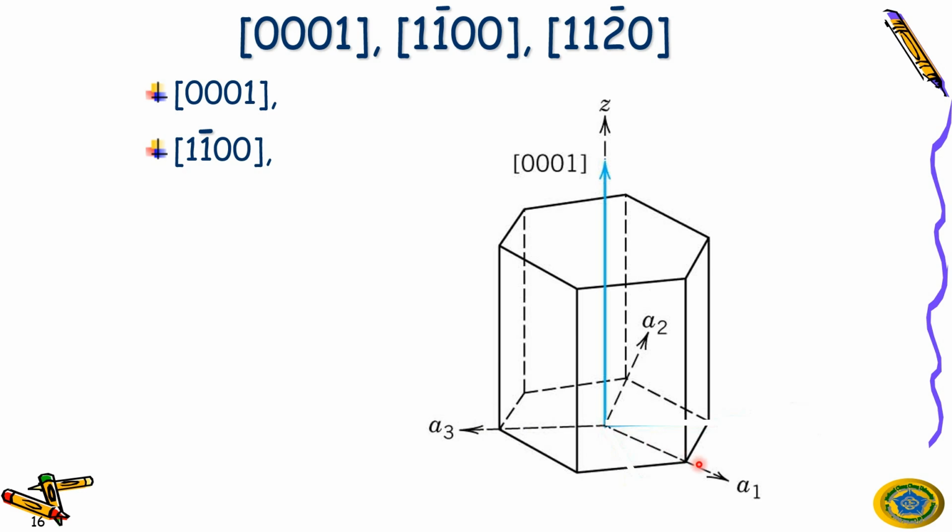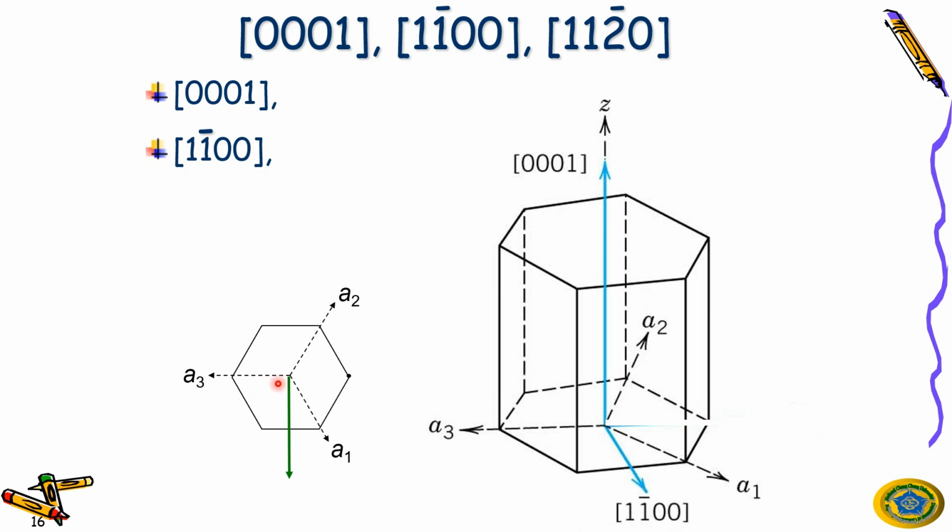So you have these two vectors, and the sum of these two vectors will be in this direction, right? So this is the one, and here we will get this one: [1 1-bar 0 0]. Are you with me so far? Yes, right? Easy, right? 簡単ですね。Good.